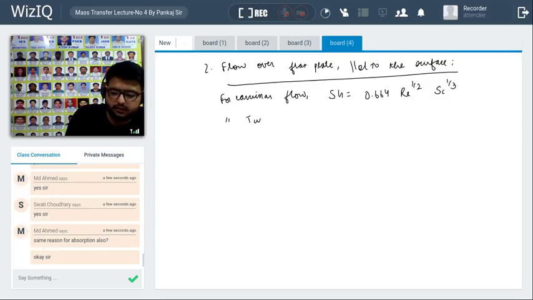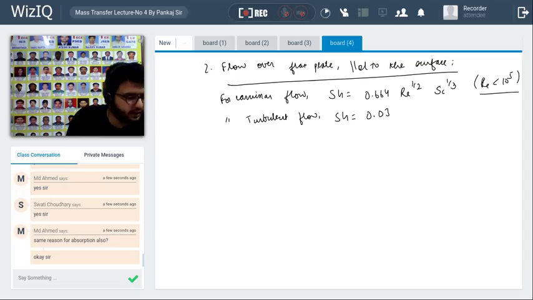Okay. For turbulent flow, for it Reynolds number is less than 10 raised to the power 5. There it was 2100 for pipe, but for a flat plate it is 10 raised to the power 5. Sherwood number is 0.036 Reynolds number raised to the power 0.8, Schmidt number raised to the power again 0.33.